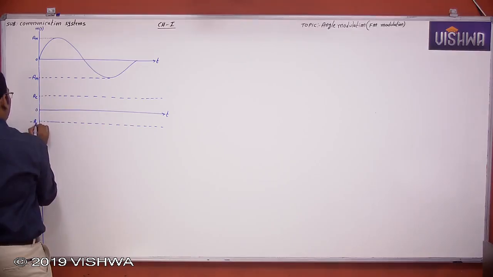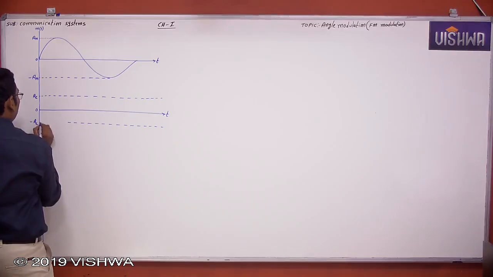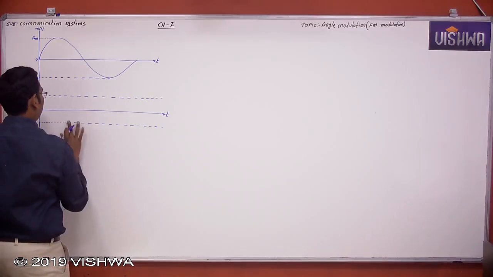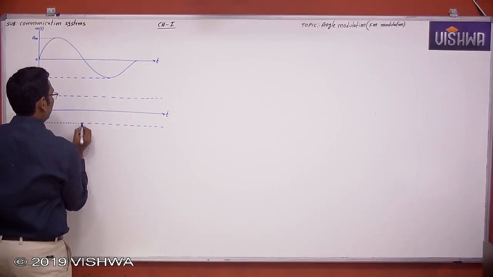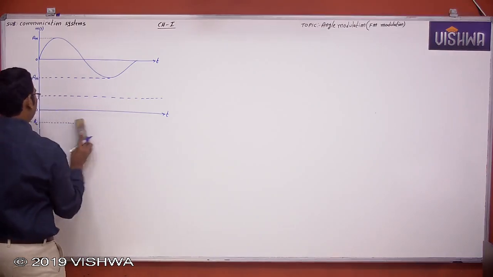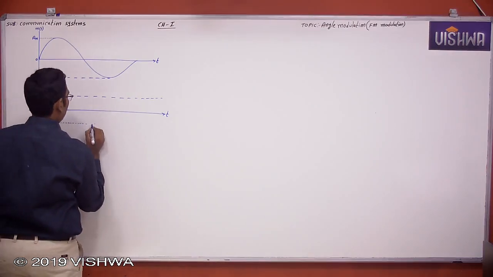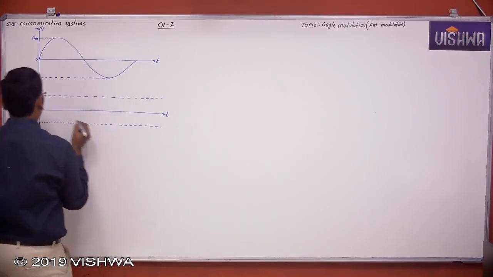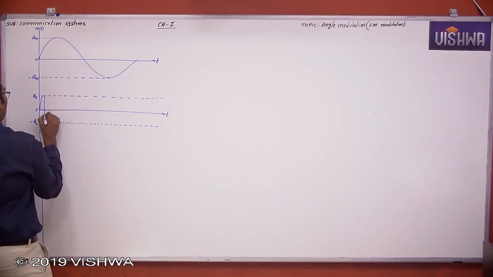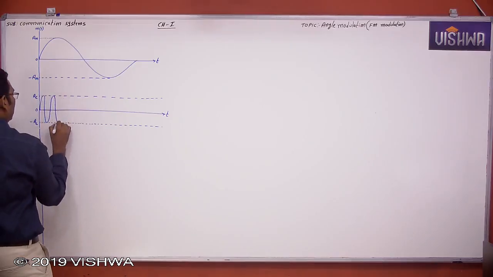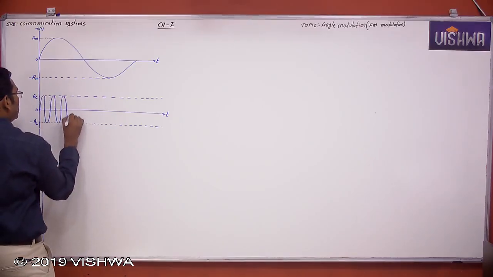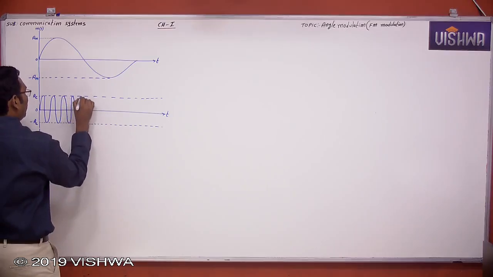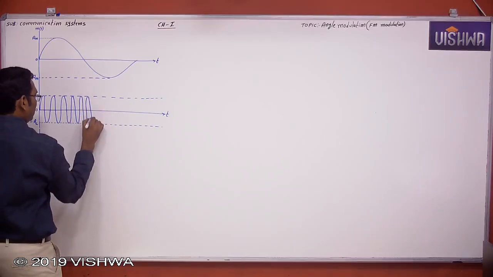Its peak amplitude is Ac, minimum amplitude is minus Ac. This is a high frequency signal, therefore the time period is very small.